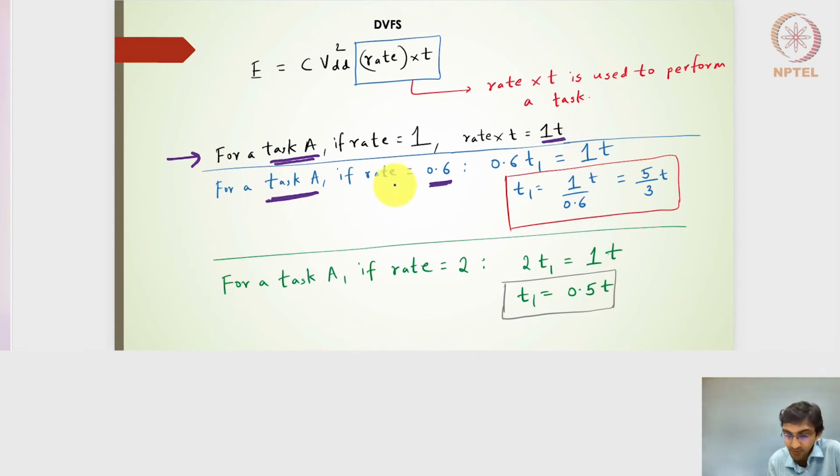Similarly, for the rate of 0.6 here, the rate multiplied by t will give me the 10 switchings.